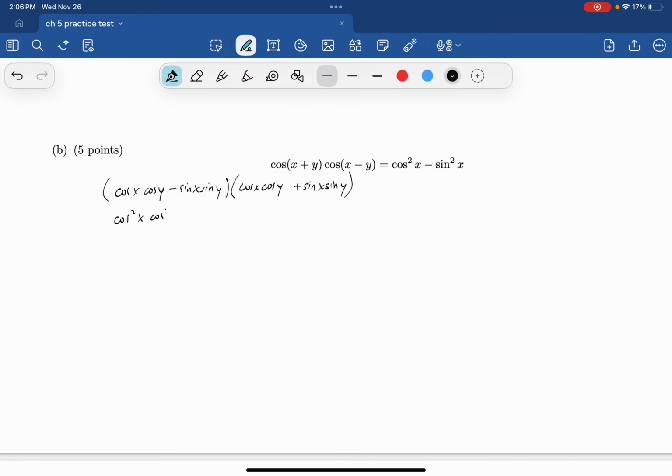So we get cosine squared x, cosine squared y. This is not as straightforward as I thought it was.